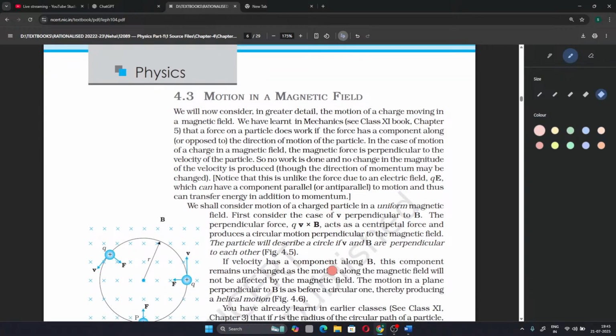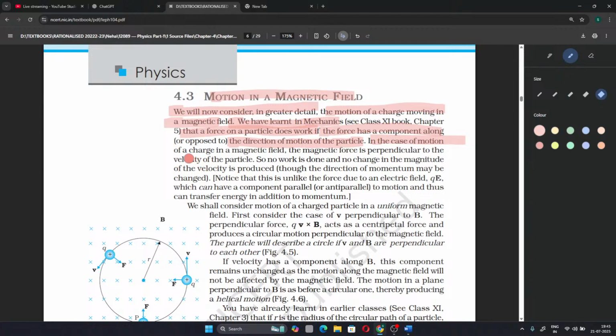Now let's go to the next main topic, that is motion in a magnetic field. We will now consider in greater detail the motion of a charge moving in a magnetic field. We have learned in mechanics that a force on a particle does work if the force has a component along the direction of motion of the particle.